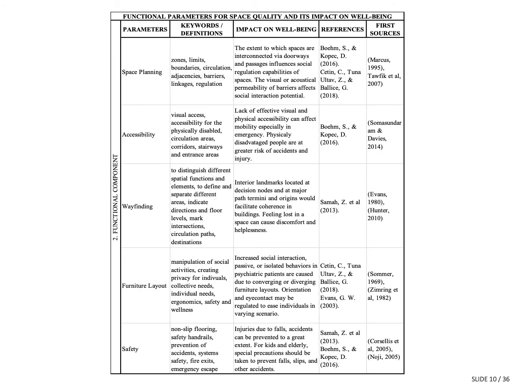The parameters within the functional component are space planning, accessibility, wayfinding, furniture layout, and safety. Space planning can have an impact on well-being, like the ability to regulate social interaction and permeability, the visual and acoustical boundaries and barriers, and the capability to control them. Accessibility can have an impact on well-being, like mobility, especially for physically disadvantaged people who are at greater risk of being neglected.